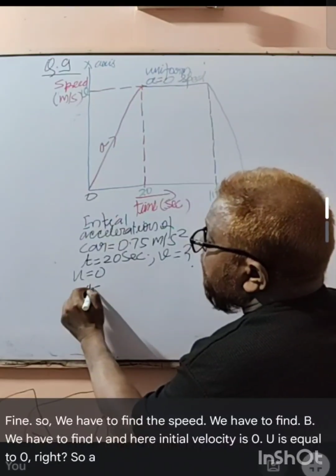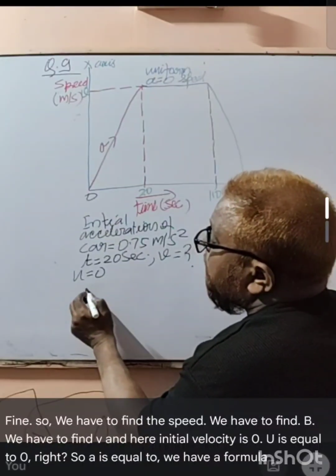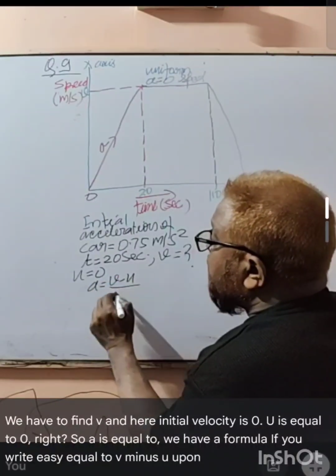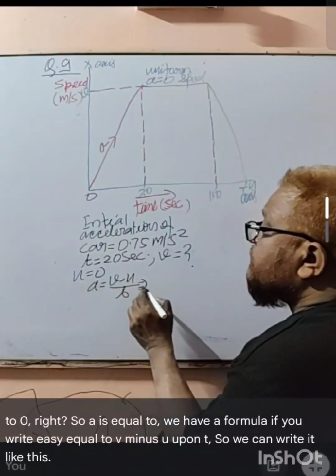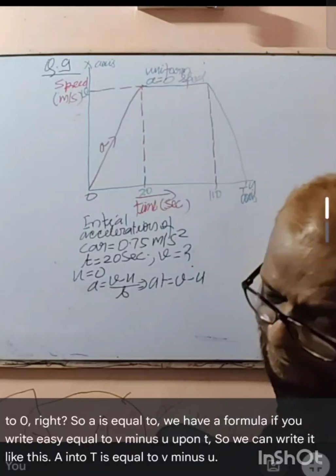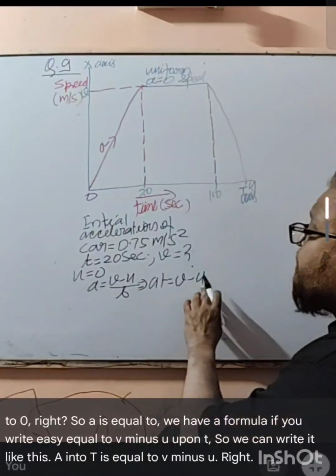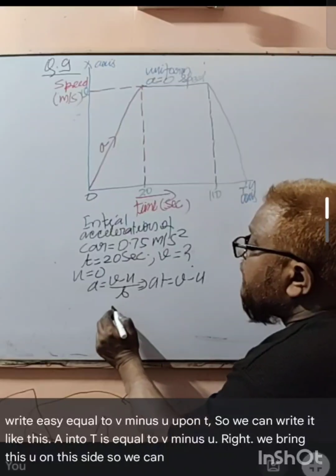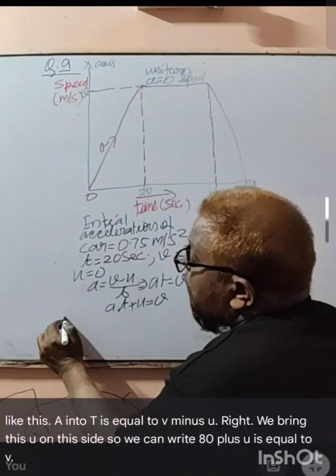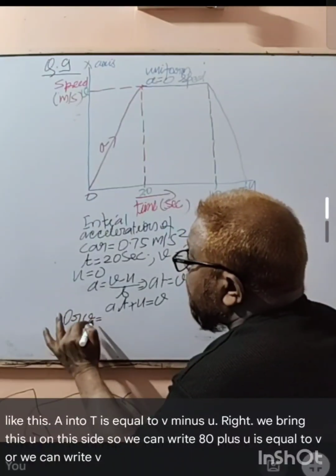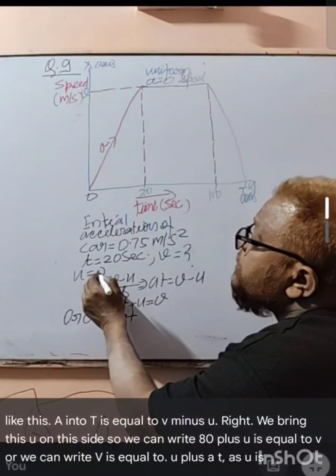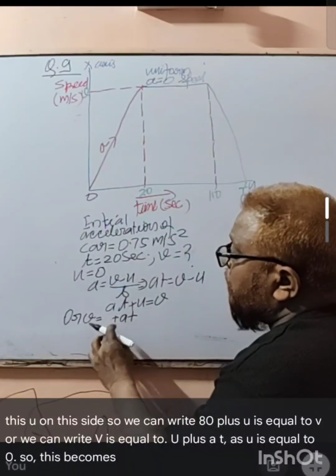So we have a formula: A is equal to V minus U upon T. So we can write A into T is equal to V minus U, right? We bring this U on this side, so we can write V is equal to U plus AT. As U is equal to 0, this becomes 0.